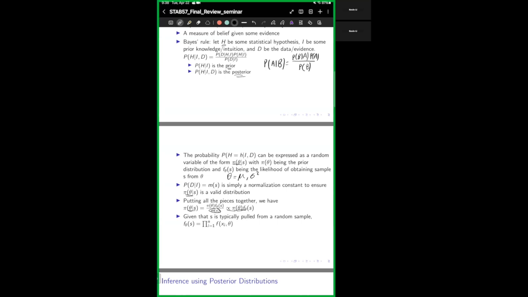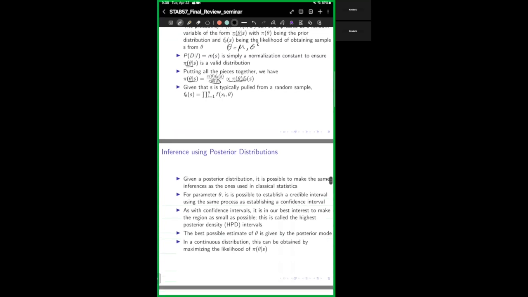Given that S is typically pulled from a random sample, naturally we can use the random sample formula, which is f theta S equal to the product from i equal to 1 to n of f of x i given theta, where x i is every individual sample.